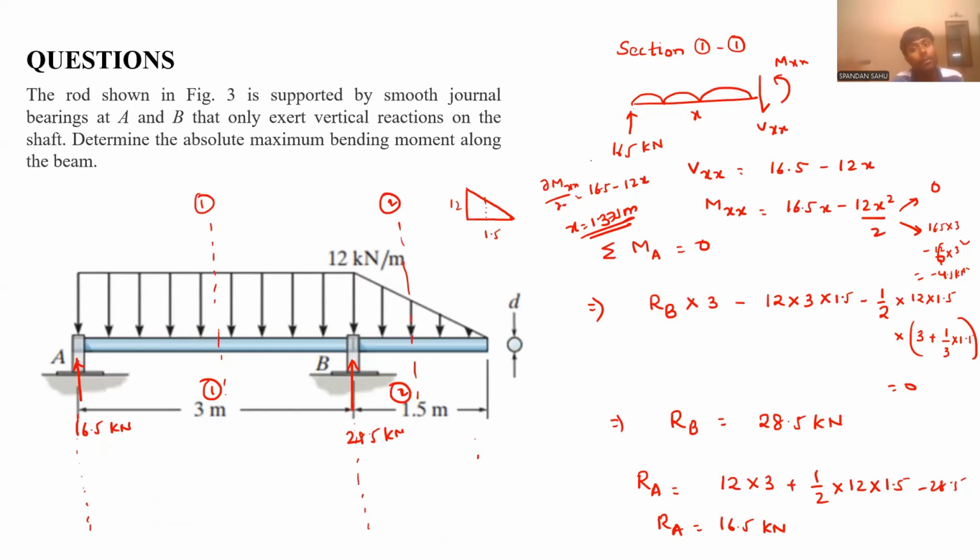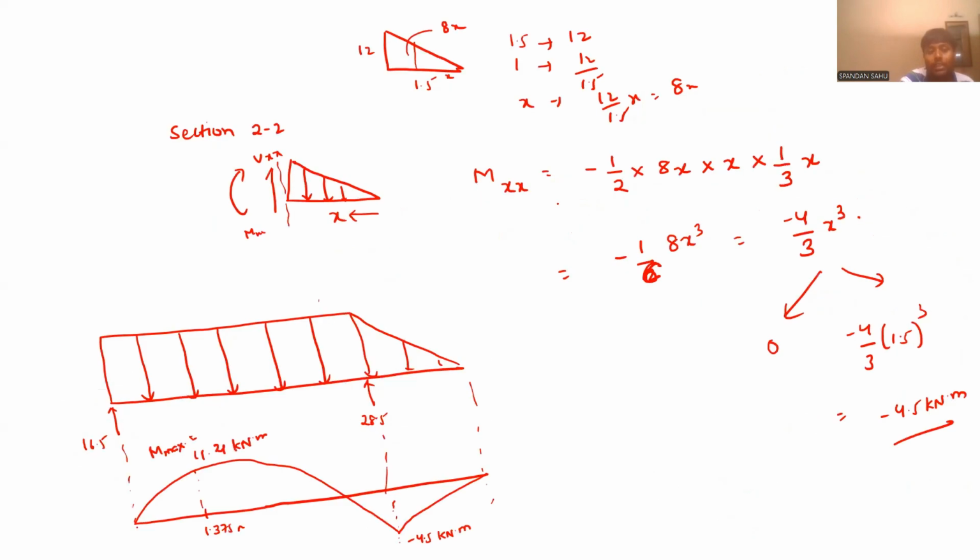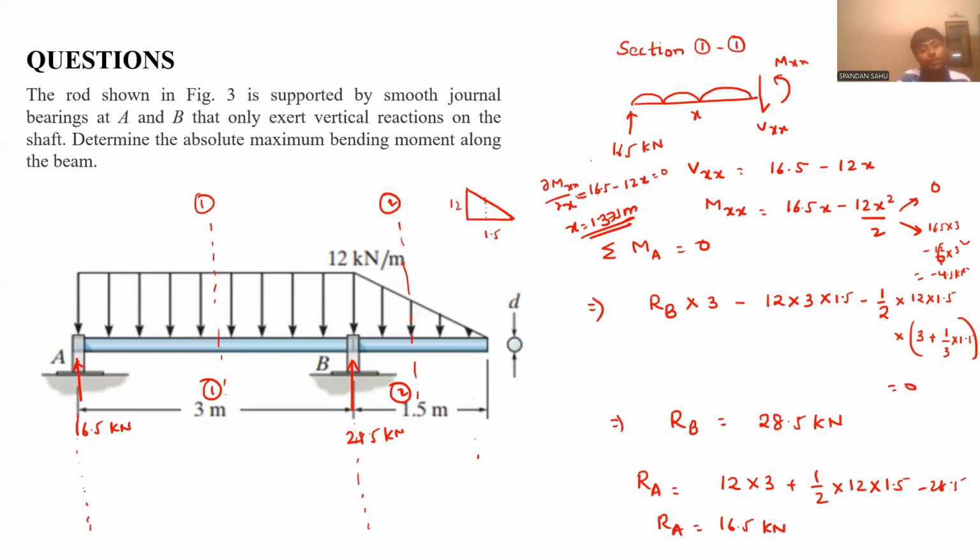Just take the Mxx equation, take the derivative as I did here, dMxx by dx equal to 16.5 minus 12x, and equate it to 0, you will get x equal to 1.375. That 1.375 will provide you the maxima for this bending moment diagram within the section A and B.